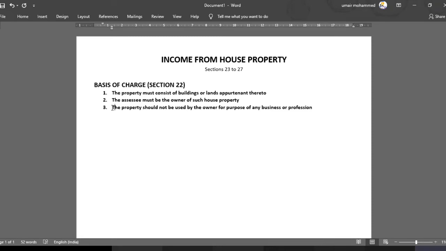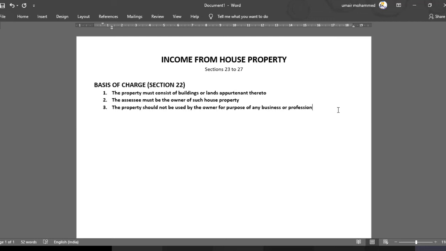profession yourself. The reason why this point is being highlighted is because if you do business and profession, it becomes part of your business and profession. It becomes your business property, and you should record this in your balance sheet. If you're using a property for your business, of course it becomes your business property.